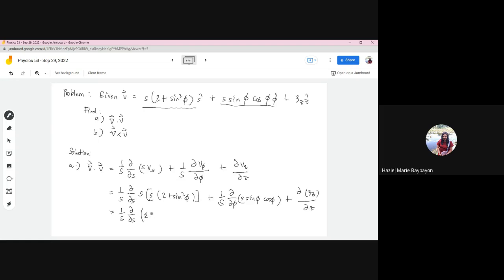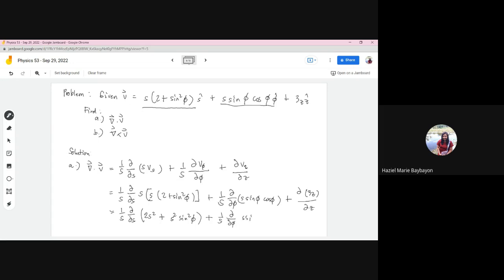So you have 2s squared plus s squared sine squared phi. Is this right? Plus 1 over s, we just have to copy this one.